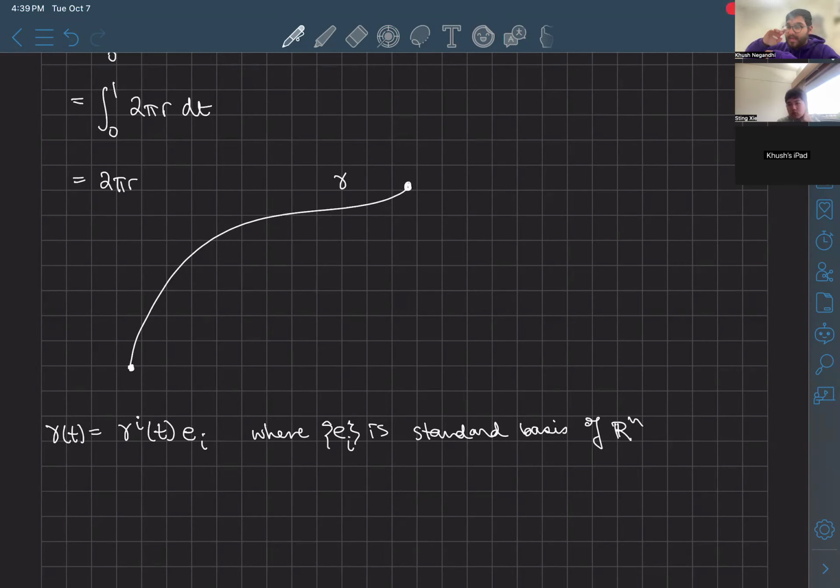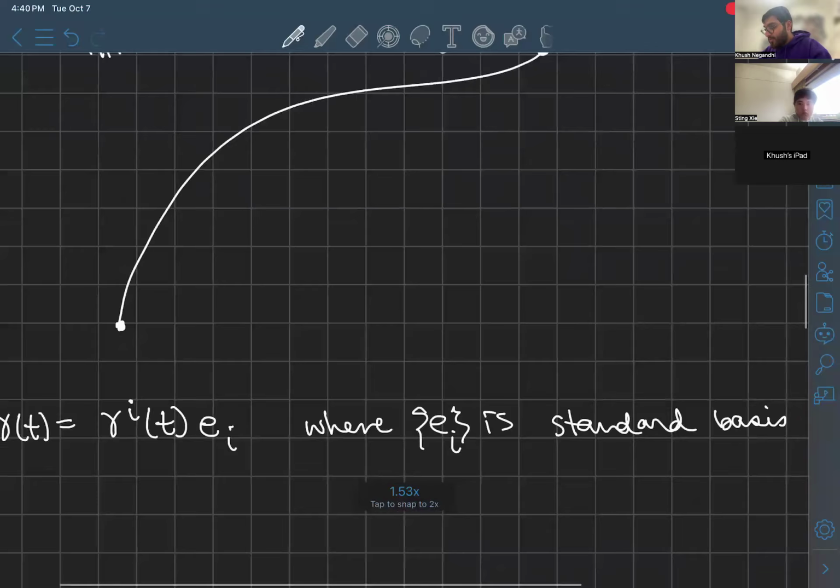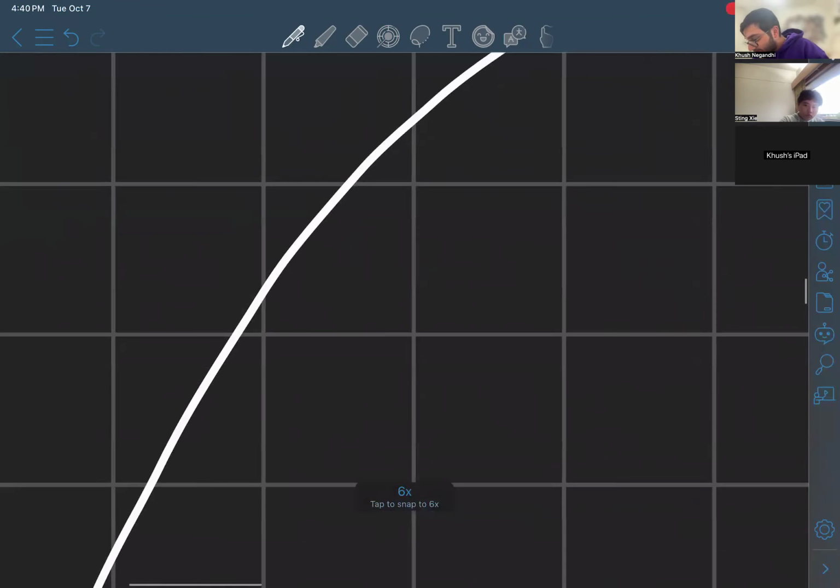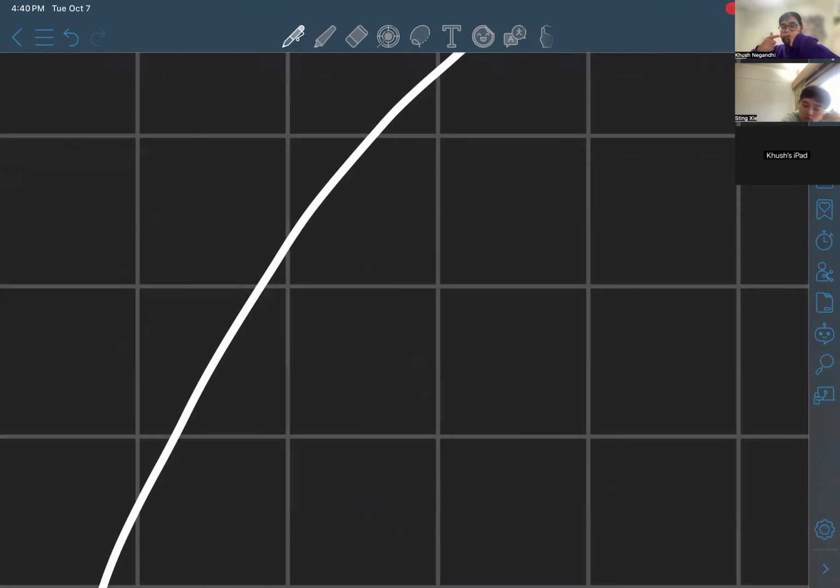Does that make sense? Instead of figuring out what the length is everywhere, if I zoom really, really close in, I can see that very locally my curve is a straight line, right? And I know what the length of that straight line is.